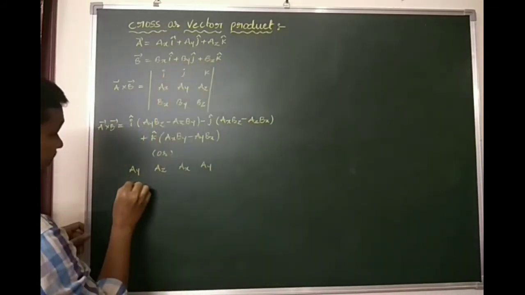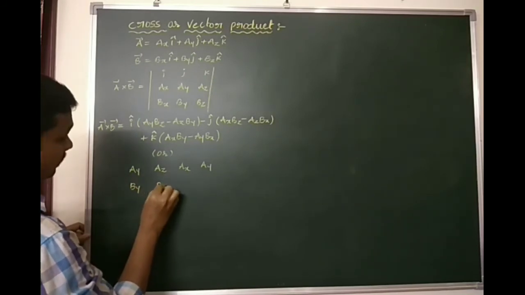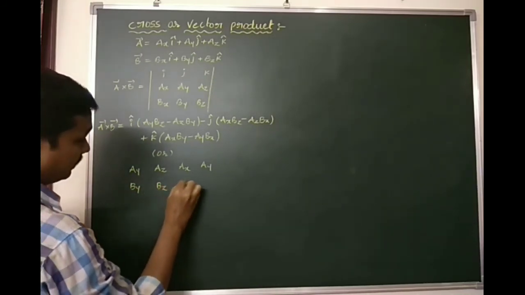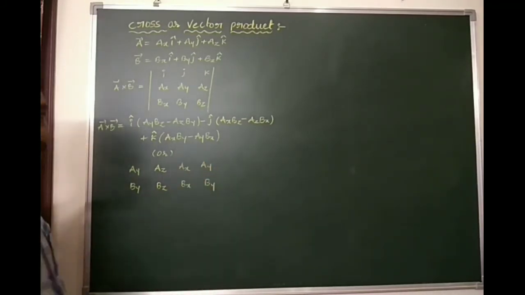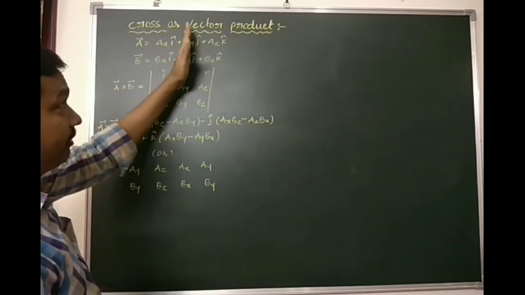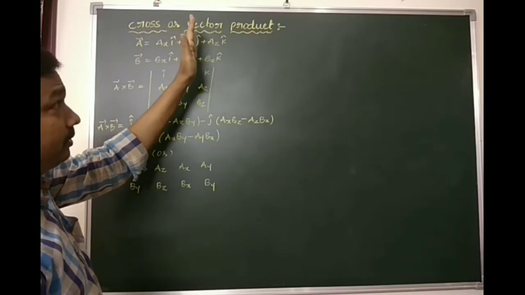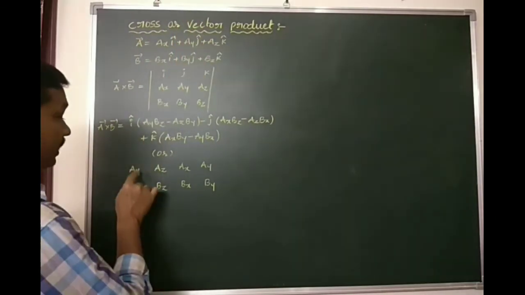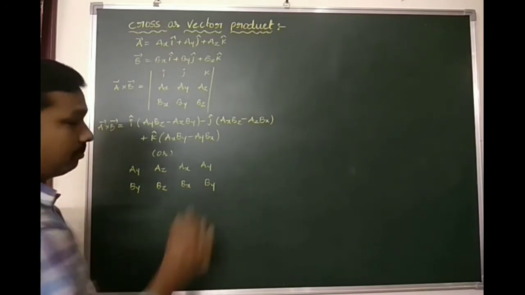Similarly B vector: By, Bz, Bx, By. Starting from the second term and coming back to the second term, you need to write all the terms.